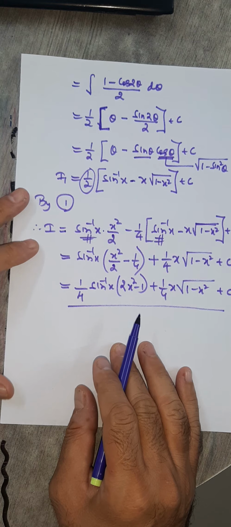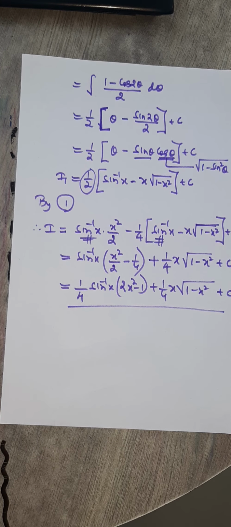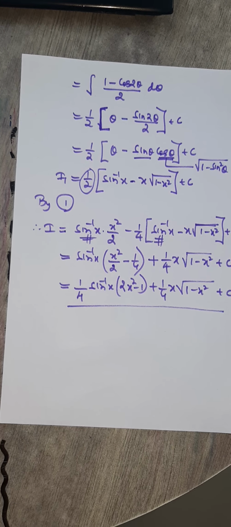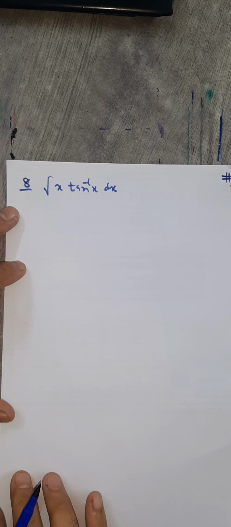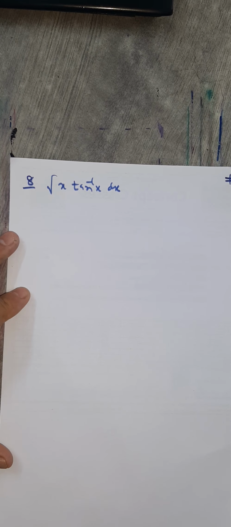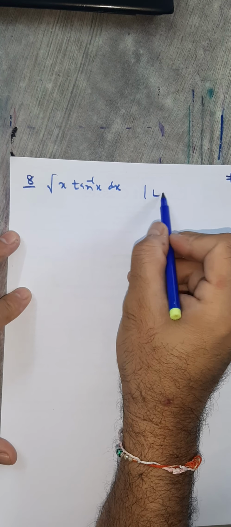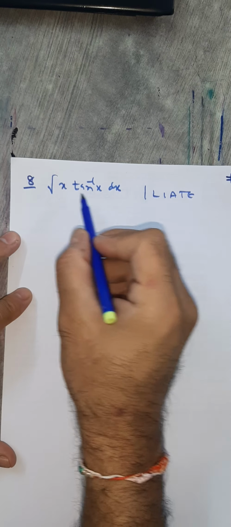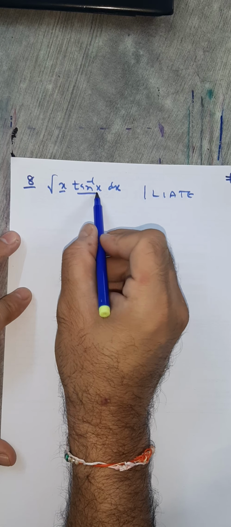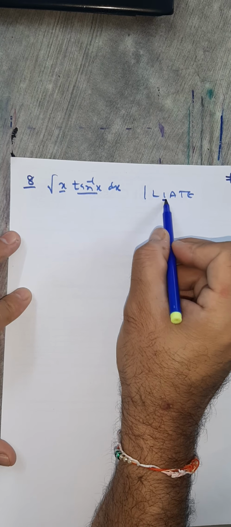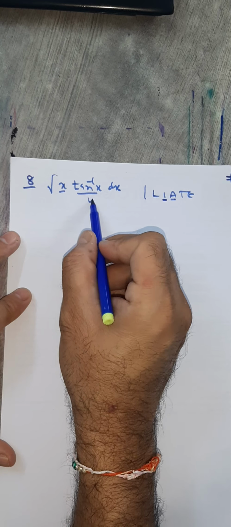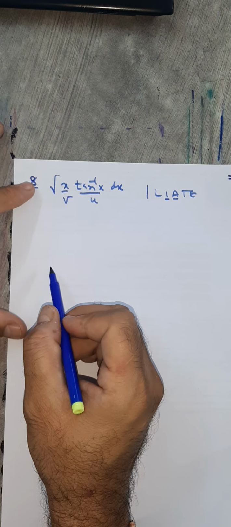Now for the next question here, let's go to question number 8. x into tan inverse x. Combination of which two functions? Algebraic and inverse trigo. Inverse occurs first, then algebraic. So this should be u and this should be v, remember.